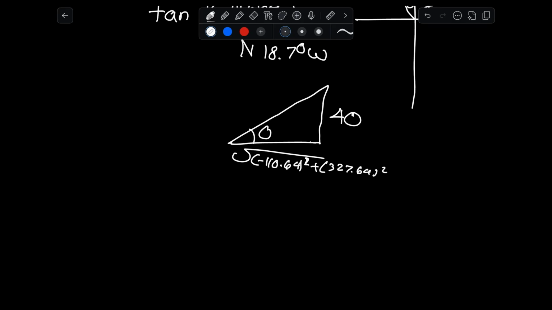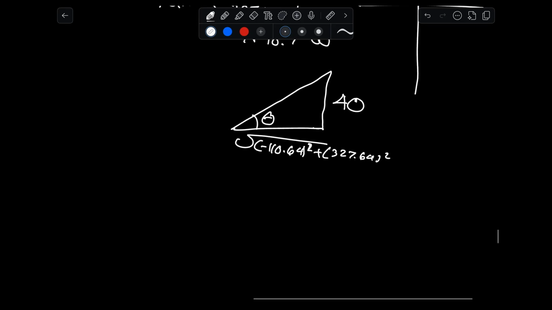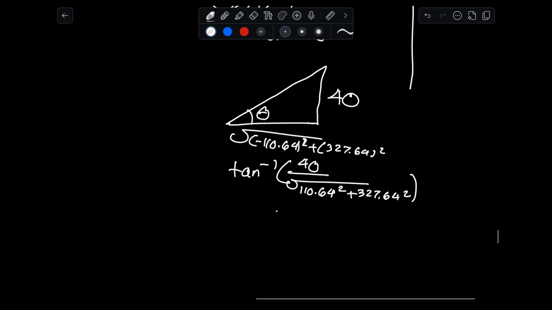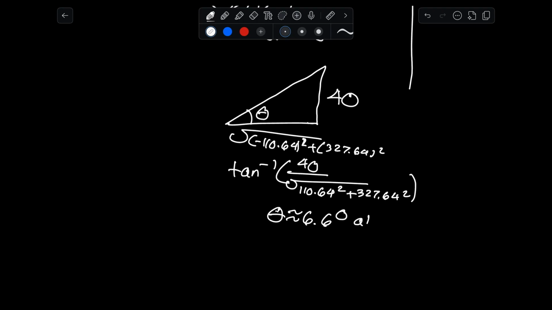And then you want the angle theta of this. Tangent inverse of 40 over this entire quantity. The negative cancels out, so I don't want to write it. And then you would get theta to be approximately 6.6 degrees above the horizontal.